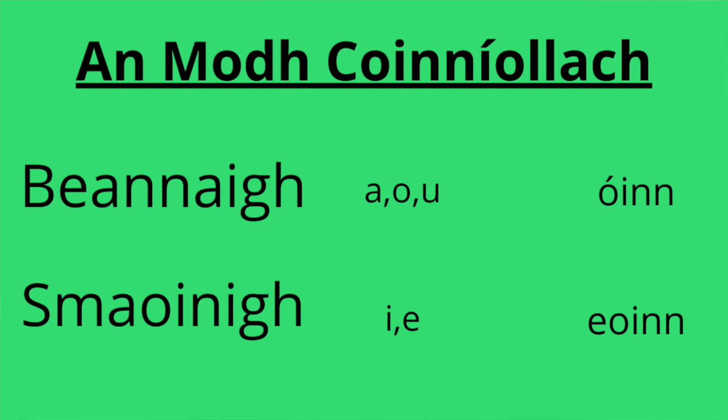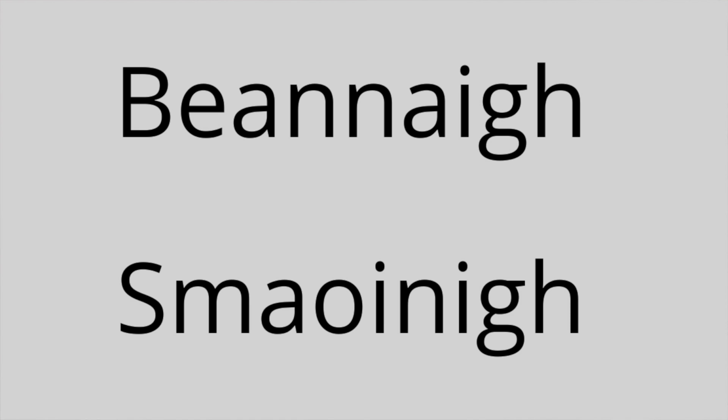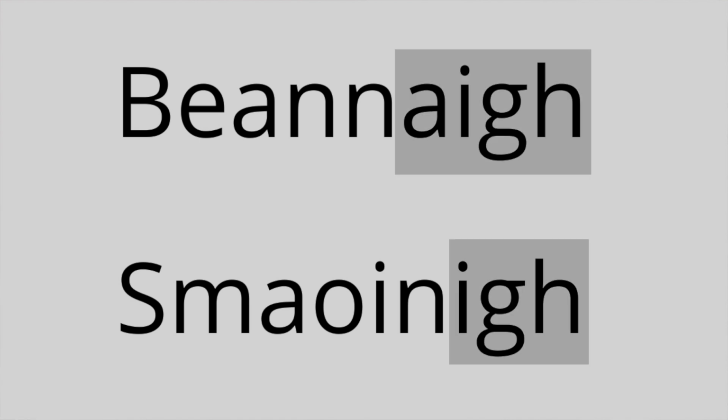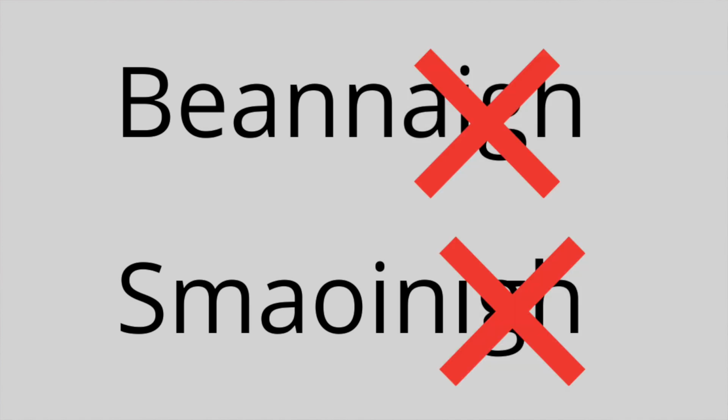So what we do with this is, when it comes to beannaigh and smaoinigh, we'll notice that they end in A-I-G-H and I-G-H. We have to get rid of the A-I-G-H and the I-G-H, because if we left them there, everything would be slender, because the last vowel is I in everything. So you remove the A-I-G-H and the I-G-H, and that way you're left with the root of the verb, which is, as you can see there, B-E-A-N-N, like bean, and S-M-A-O-I-N.